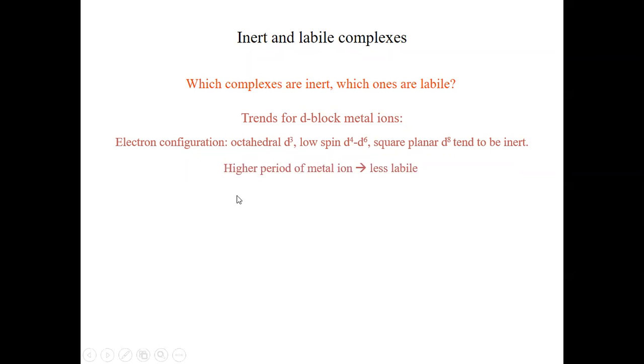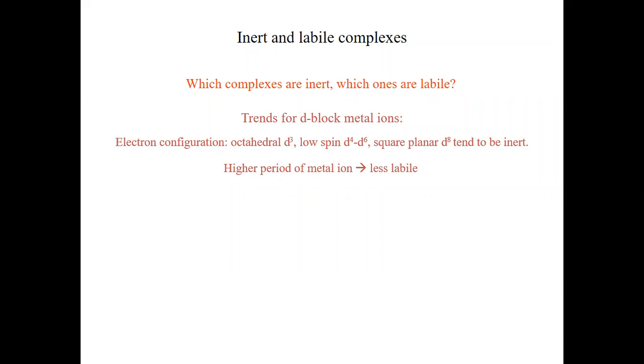In addition to that, when the metal is of a higher period, then the complexes tend to be less labile. You can actually understand this using the hard and soft acid and base concept that you have learned about. We said that when a species becomes softer, it more likely makes covalent interactions because the energy differences between the orbitals are smaller.